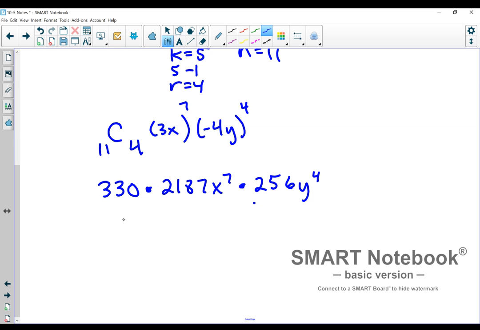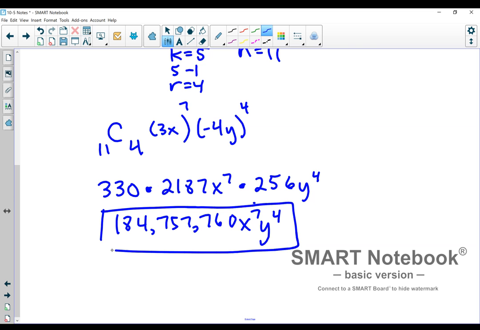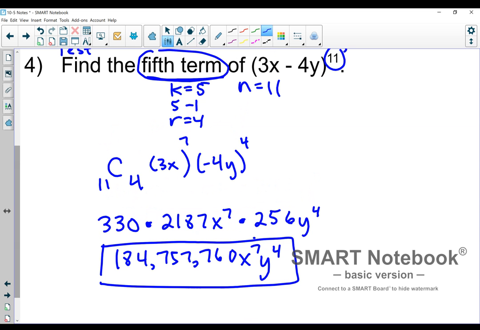So I have one giant coefficient, 184,757,760. And that's going to be x to the 7th, y to the 4th. So that would be our entire fifth term of that binomial expansion. So this is the end of our 10-5 notes.